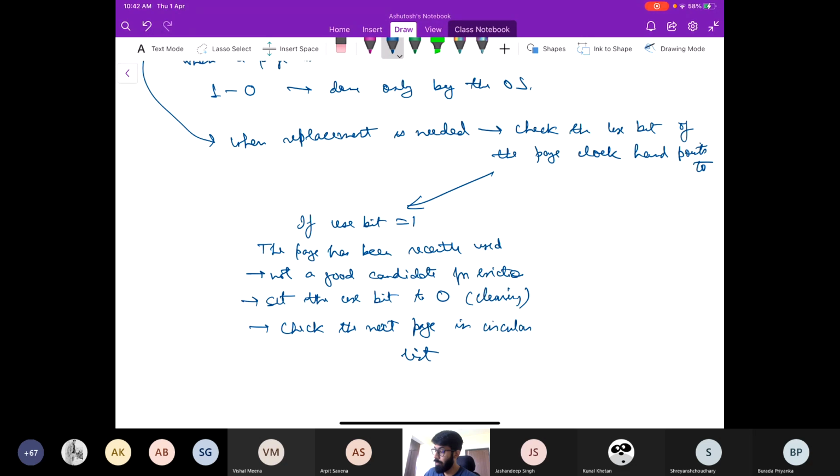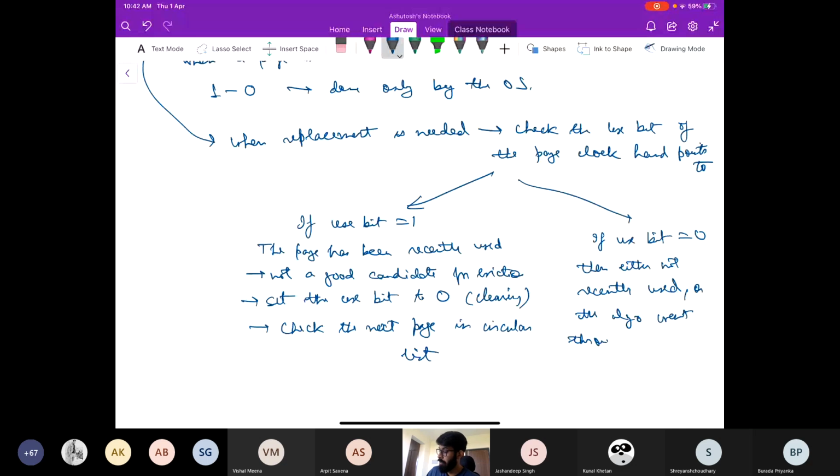And if the use bit is 0, then either it is not recently used, or the OS went through all the pages in the list and all of them were recently used.